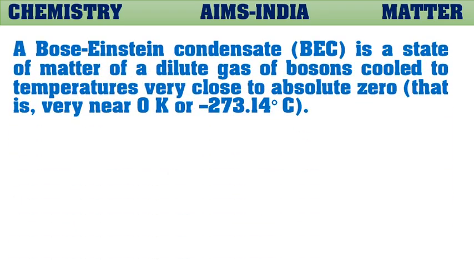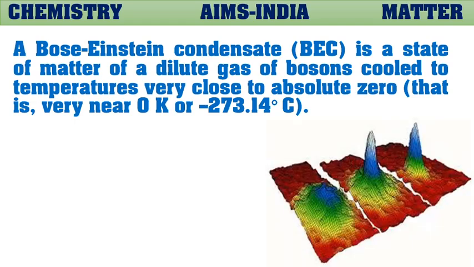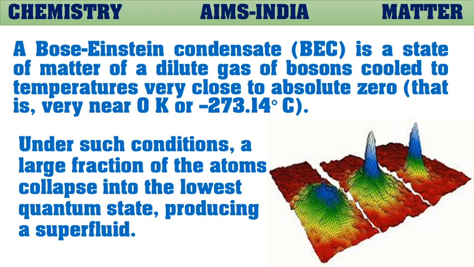A BEC is a state of matter of a dilute gas of bosons cooled to temperatures very close to absolute zero, that is nearly 0 kelvin or minus 273 degrees Celsius. Under such conditions, a large fraction of atoms collapse into the lowest quantum state, producing a superfluid.